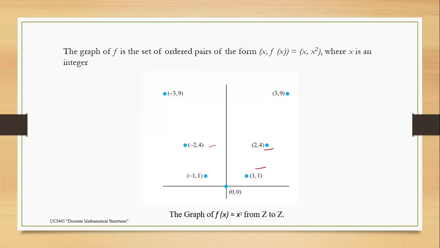So we will obtain a graph like this for the function f(x) equal to x squared. So the graph of this function is the set of ordered pairs of the form (x, f(x)), where x is an integer.